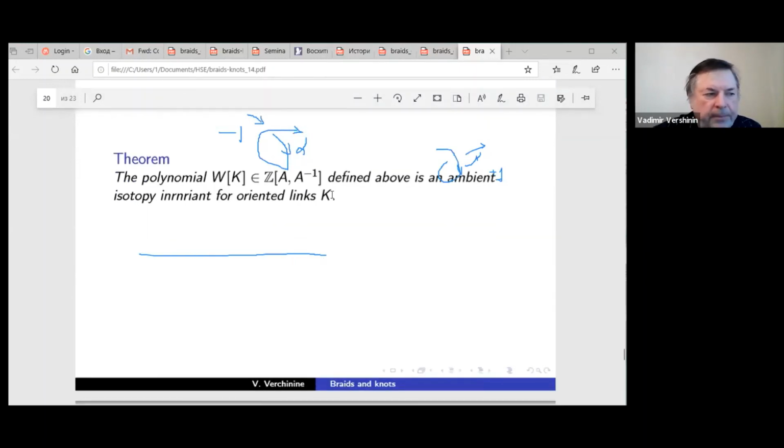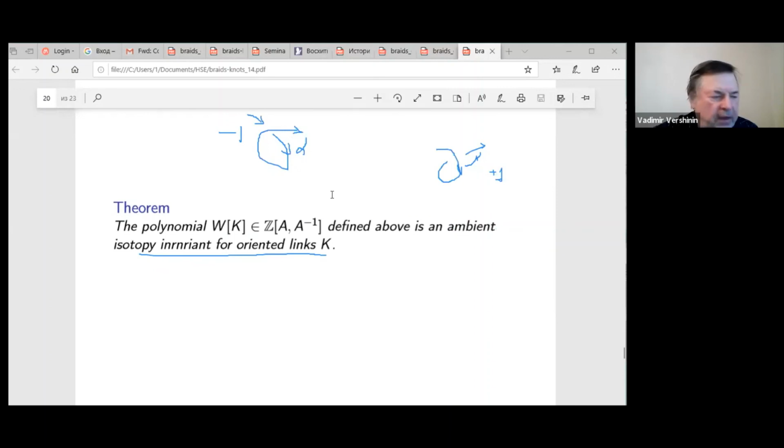So the theorem says that this object is now isotopy invariant.